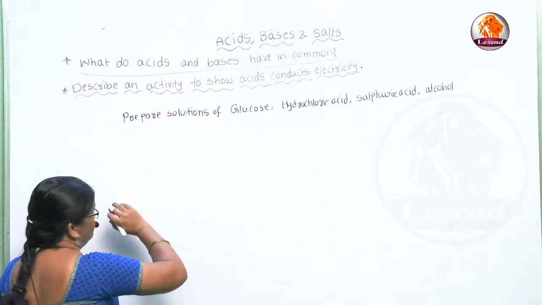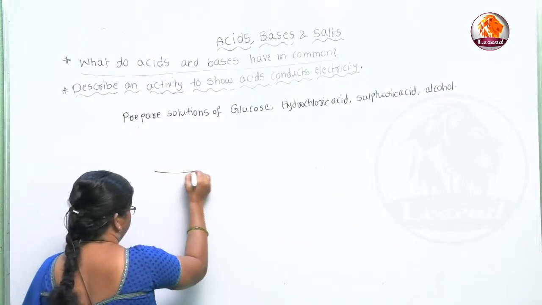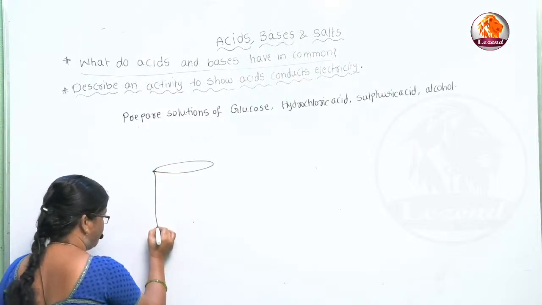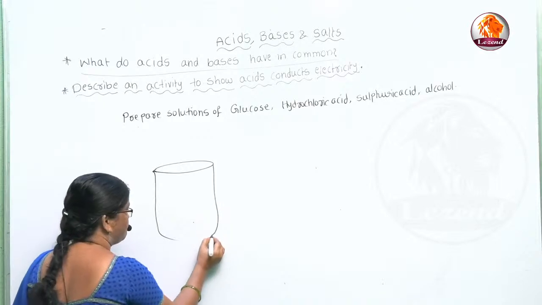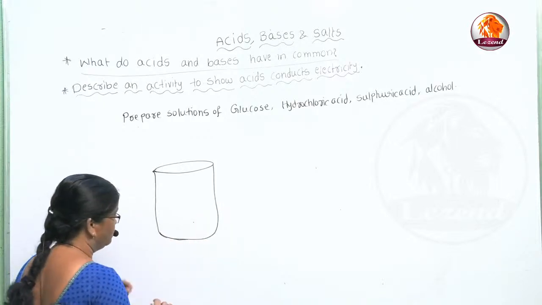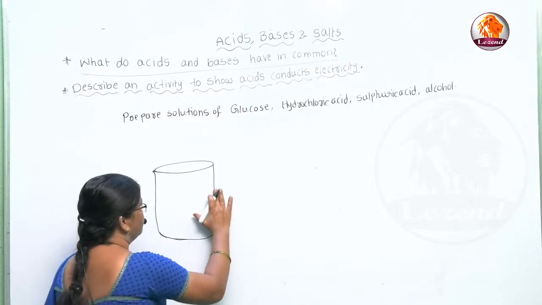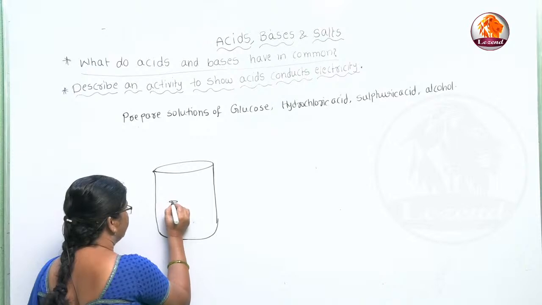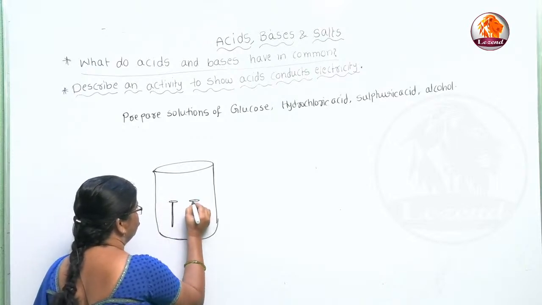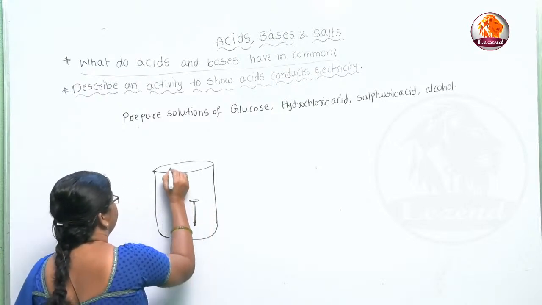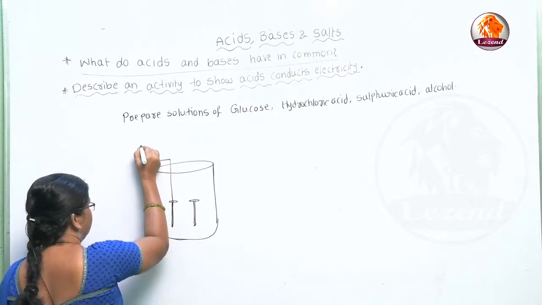And we have to take a 100 ml beaker, and we have to take two different colored electric wires. The two different colored electric wires we have to connect with two graphite electrodes.